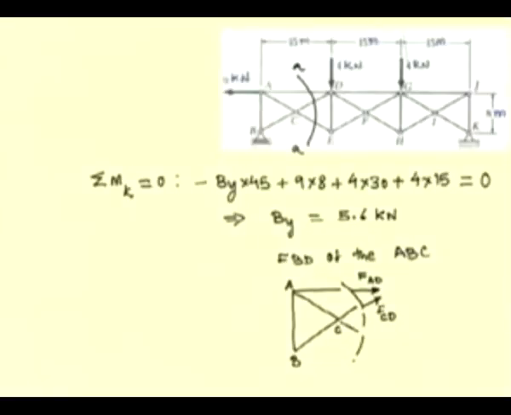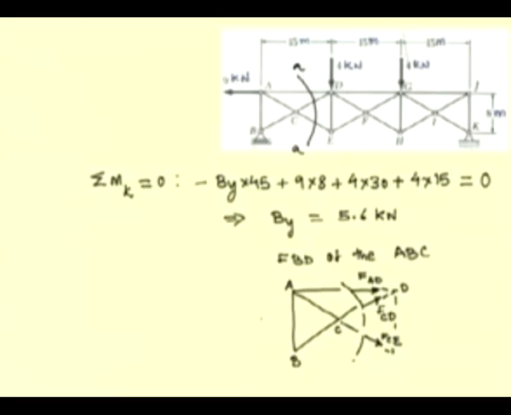That means the force AD will be acting away from A, force CD will be acting away from C, and force CE will be acting away from C. We also see from geometry that these two forces are concurrent at D, these two forces, FCE and FCD, are concurrent at C, and the forces FCE and FAD are concurrent at A. From this free body diagram, we can now write the equilibrium equations to determine these three unknowns.